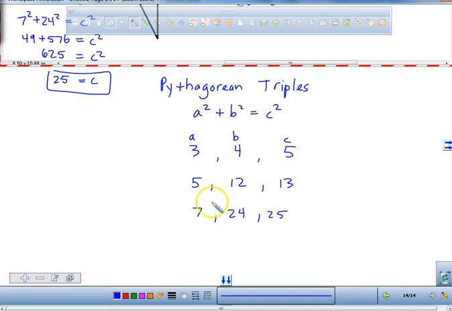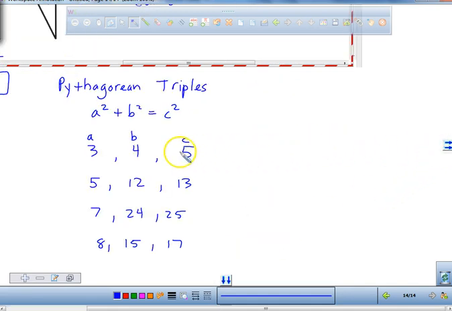That's the next most common. The last most common that I typically see is the 8, 15, 17. Now there are others, but these are the most commonly used out of all of them. Okay? There are others. You can actually Google them, and there's like a whole long list of them. There's quite a few, but you'll see most of these on standardized tests.